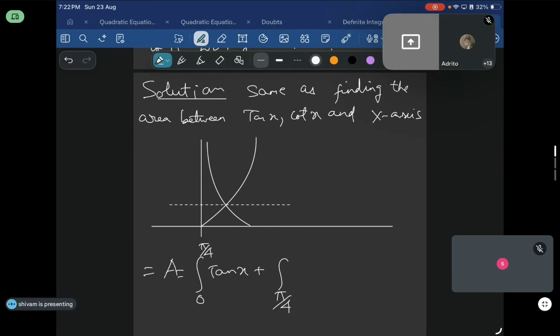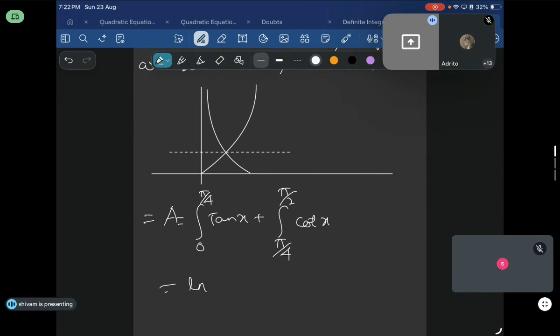This will be tan x, cot x. So this will become ln mod of sec x from 0 to pi by 4 plus ln mod of sin x from pi by 4 to pi by 2.